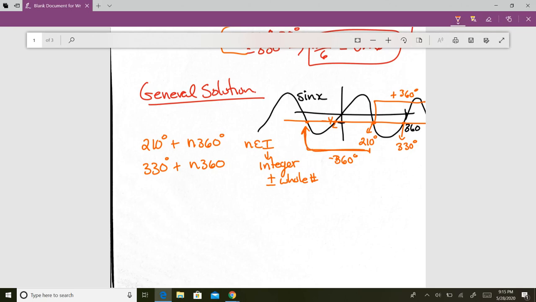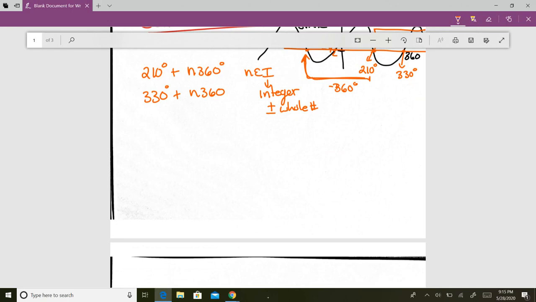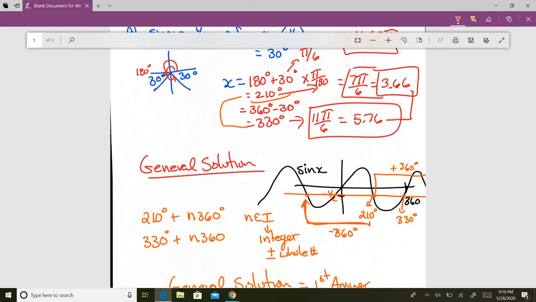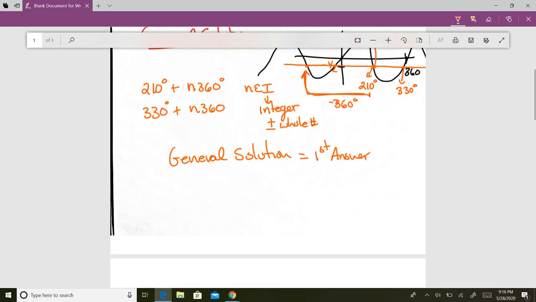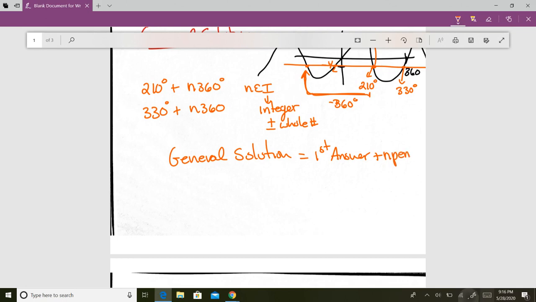All right? So the simple way is the general solution is your first answer, and by first answer, I mean this one here, 210, plus n times the period.